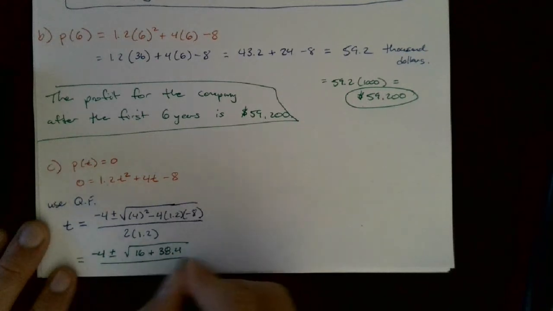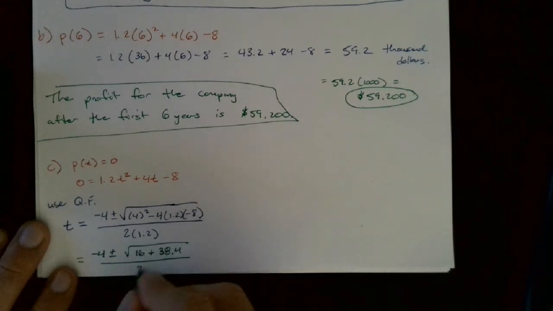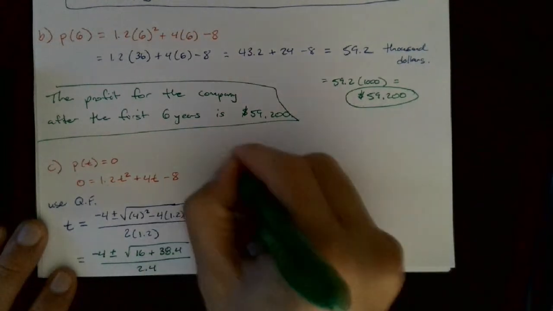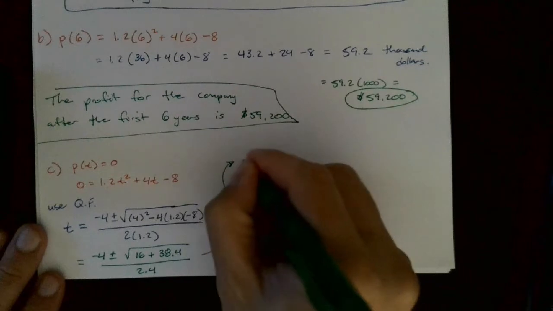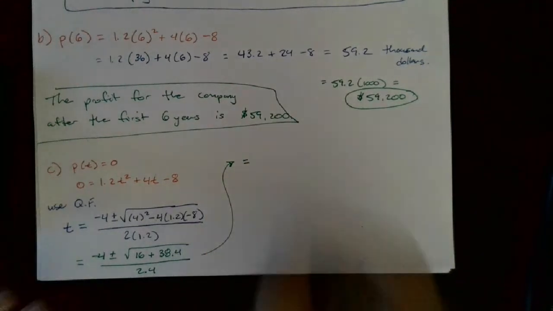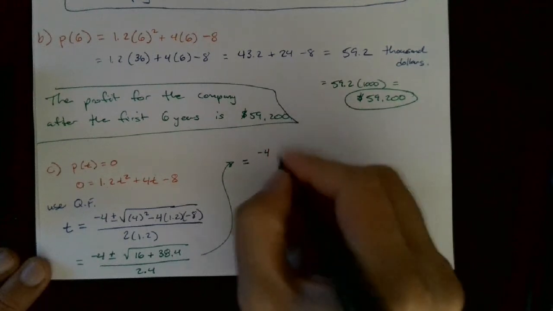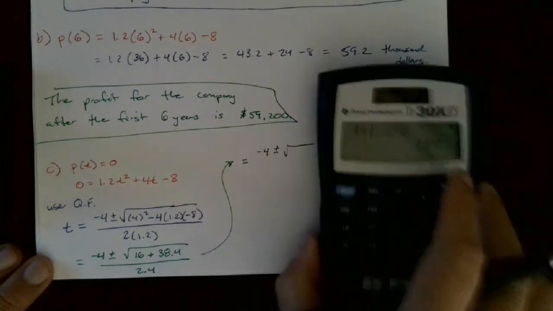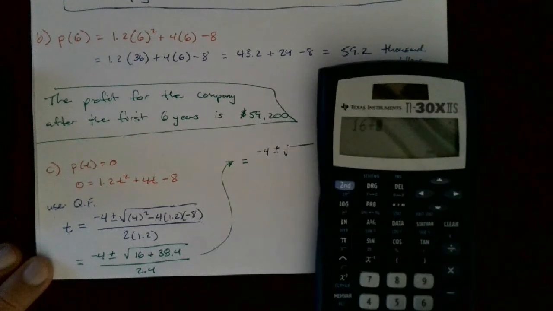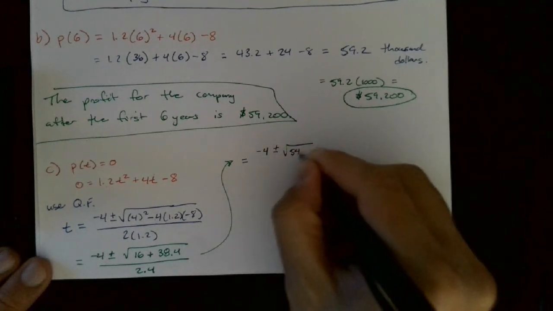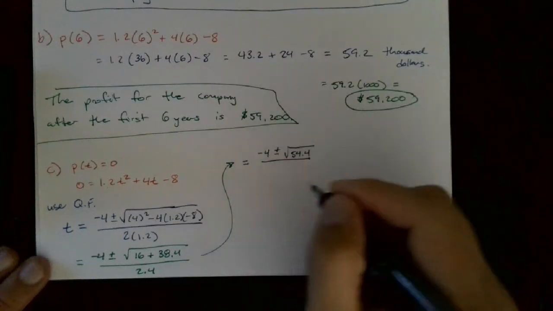It's all over 2 times 1.2, which is 2.4. You can multiply it in the calculator if you're not sure. Okay, so continuing on with this simplification, we got negative 4 plus or minus square root of 16 plus 38.4 gives us 54.4. So 54.4 over 2.4.